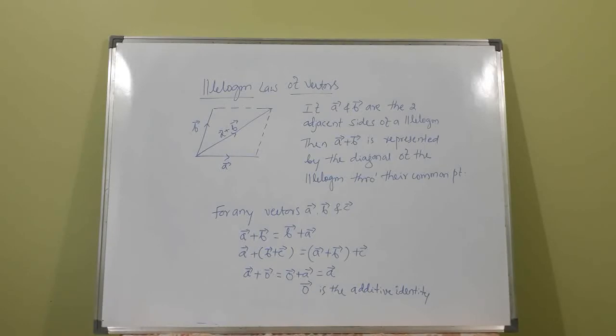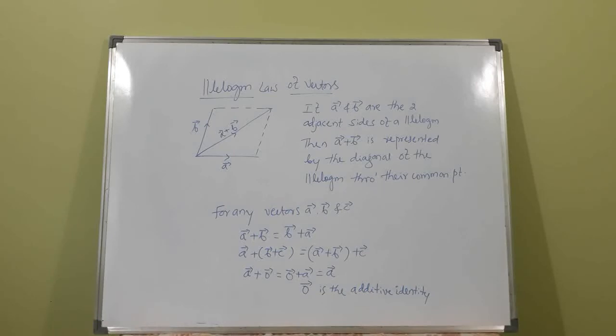Suppose 2 vectors A and B are acting in such a way that their initial point is the same, as in the diagram, A and B. Suppose you complete the parallelogram by taking A and B as sides, then the resultant vector will be in the direction of the diagonal passing through the common point.